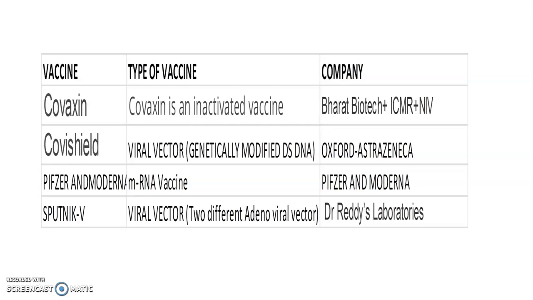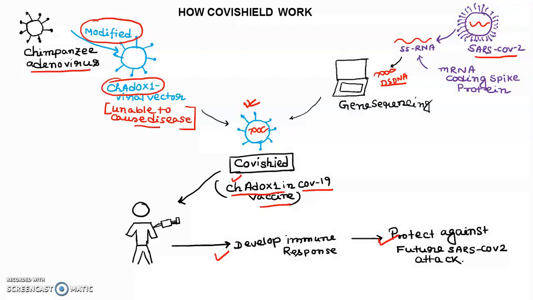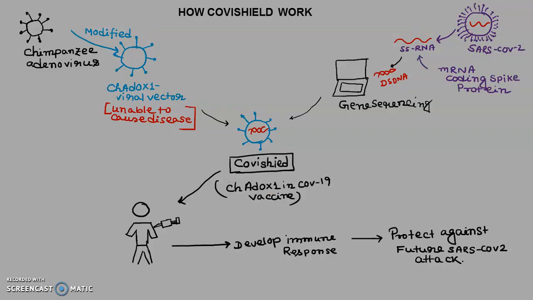The two different vectors are used because the idea is that using two different formulas boosts the immune system even more than using the same version of the vaccine twice, and may give longer lasting protection. That is the major reason for using two different adenoviral vectors in Sputnik-V. Now this is how Covishield works, and so thank you for watching.